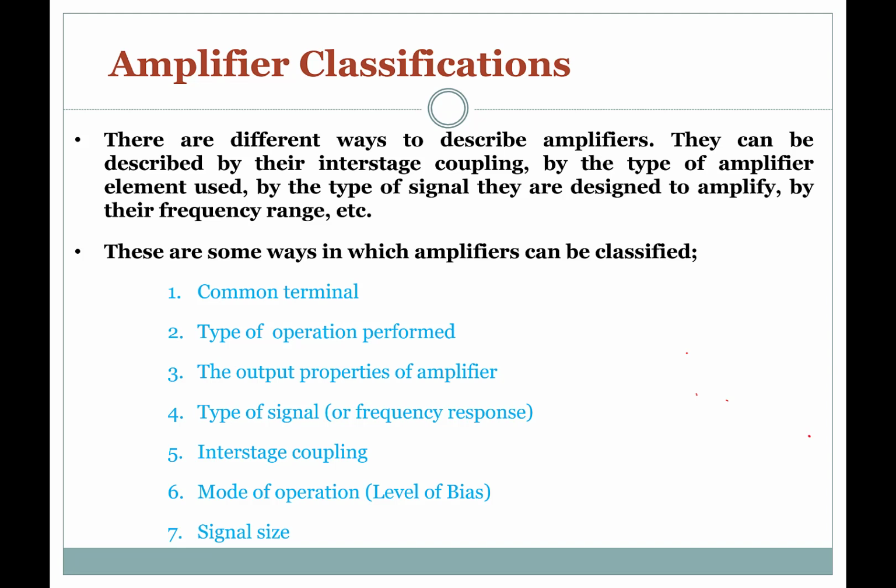So amplifiers can be classified in different ways. They can be described either by their interstage coupling, that is to say, from one stage of amplification to the other, what is used to couple stage 1 of amplification to the next stage, by the type of amplifier element used, by the type of signal they are designed to amplify, and also by their frequency range.